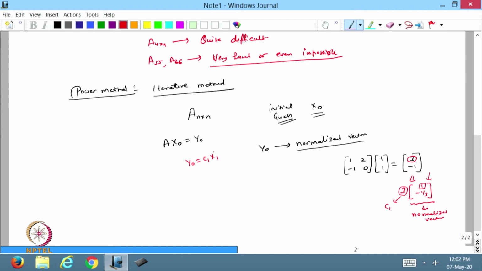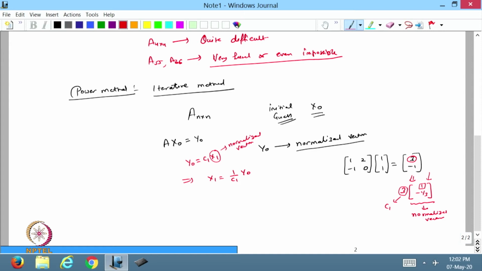So, x1 is my normalized vector. From here I can say that x1 will be 1 over c1 times y naught, that is my normalized vector in this case.